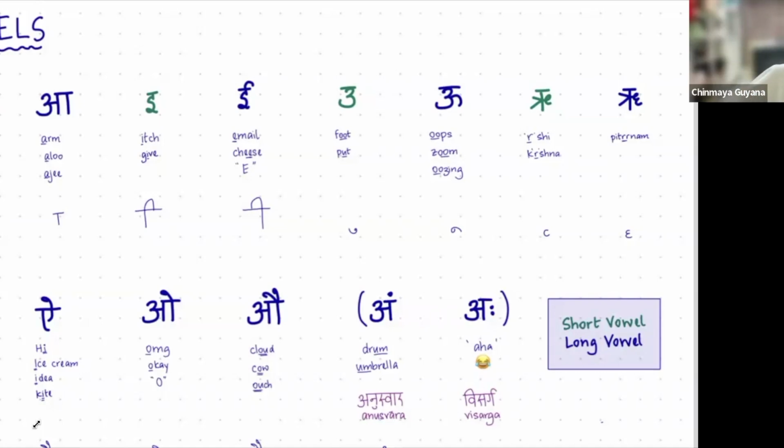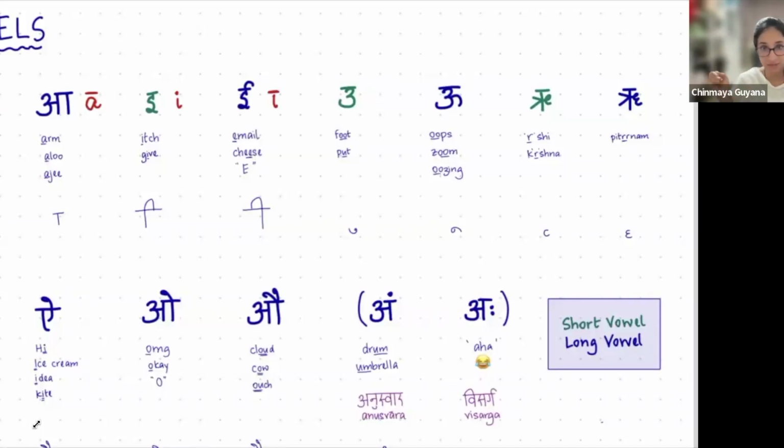Then Ā is the A with the line on top because it's the long version, right? So there's a line on top showing that it's the long version. It is the I. A is not I, E is not I. When we use the letter I, English I, it's the i in itch, it's the i in give. Okay? And when we use I with the line on top, that is the double E in English, E like cheese, like email.